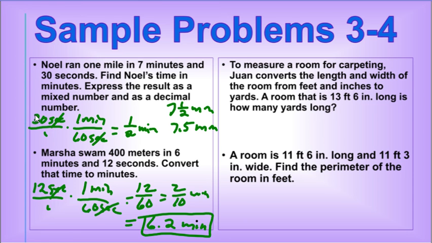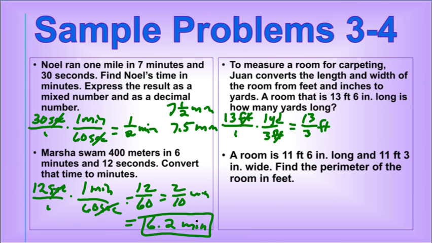The next one, to measure a room for carpeting, one converts the length and width of a room from feet and inches to yards. A room that is 13 feet 6 inches long is how many yards long? Well, first let's convert the 13 feet to yards. And I know that in 1 yard, that's 3 feet. So the feet labels cancel out, and I'm left with 13 over 3 yards.